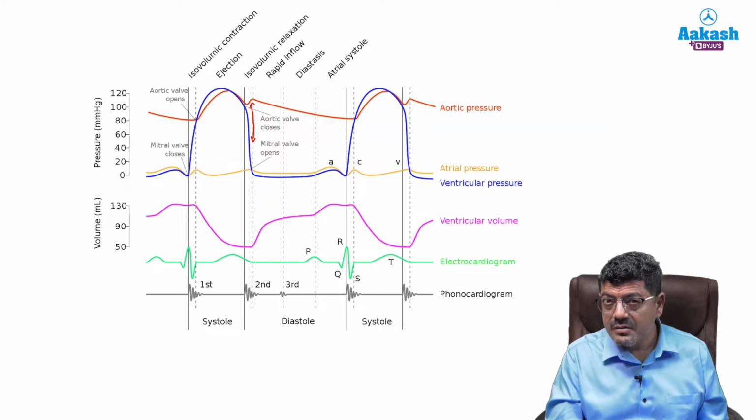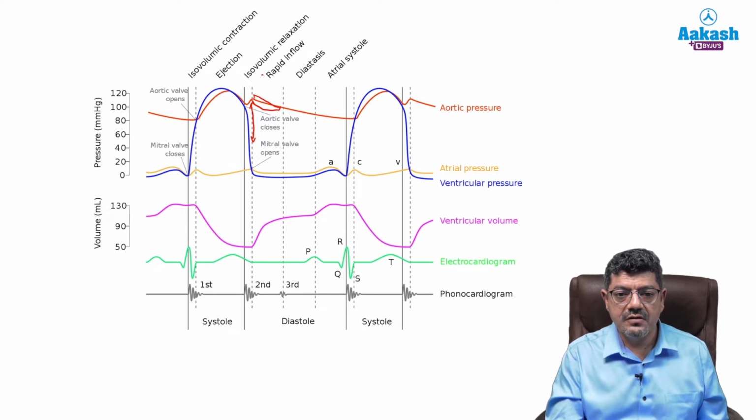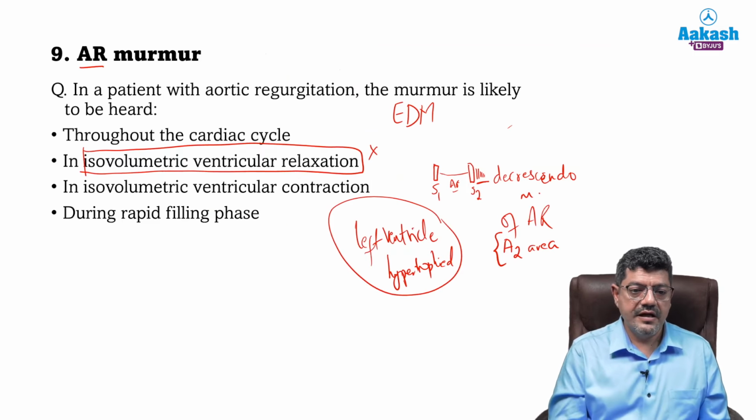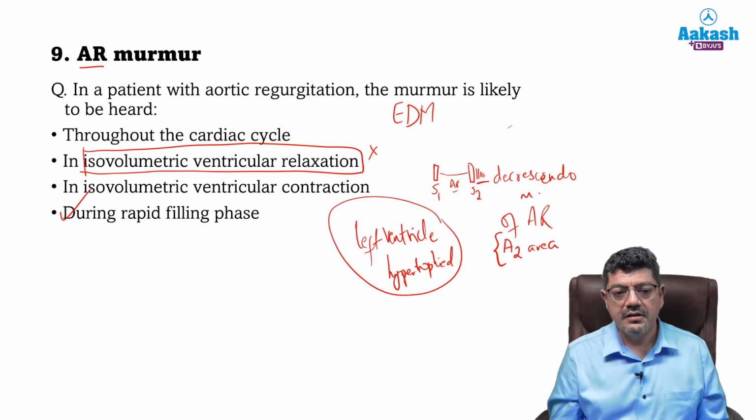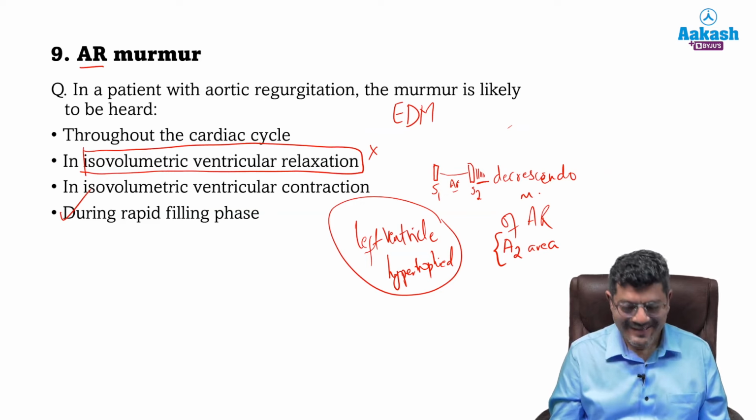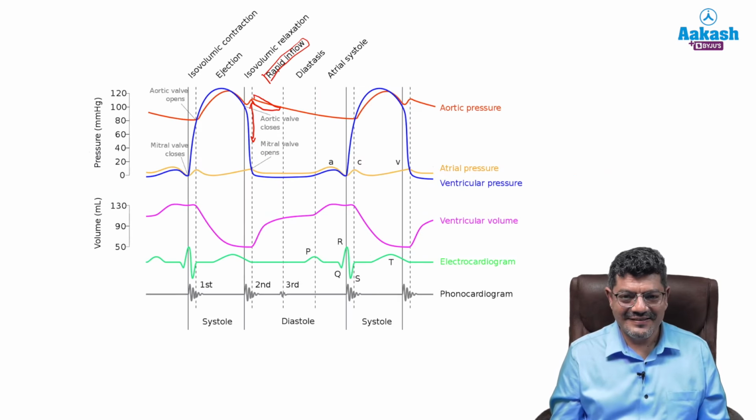So the murmur of aortic regurgitation is heard here, which is the phase of rapid inflow. If you got that wrong, I'm so sorry. It was a nasty trick, right? So the answer is during the rapid filling phase. You can trust these guys to do this. Okay, I hope you got that.